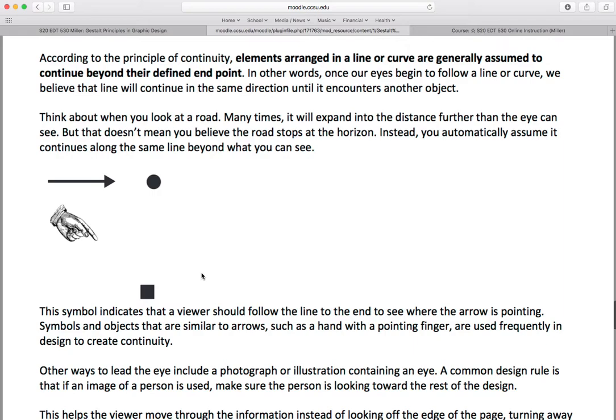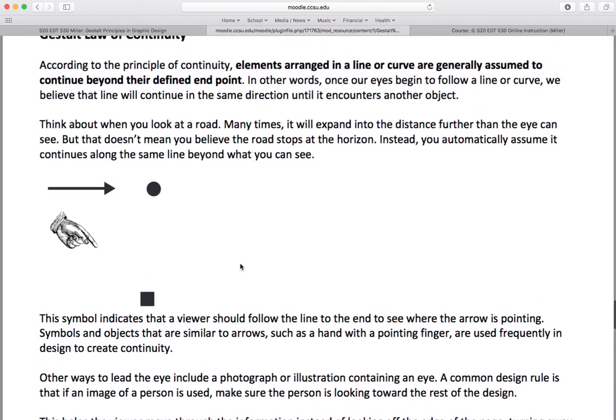A lot of places where this comes into play is if you have a person's face in an image and that face is looking in a direction, it will automatically draw your viewer's eyes in that direction. So you can either use that, or if you're not paying attention to it, it can get in the way, because if the face is looking to the left and the information you want your viewer looking at is on the right, then you are kind of splitting your viewer's brains by making them think they have to look in 2 directions at once.